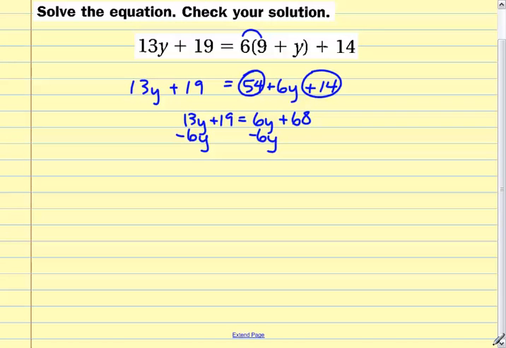You get 7. Okay, on the left side, I get 7 plus 19. And then on the right I get 68. All right, now where do I go, Jen? 7 plus 19, and that's 26 equals 68.